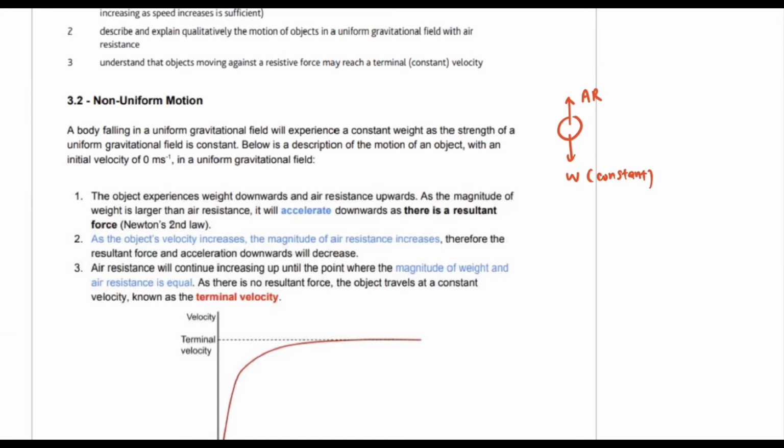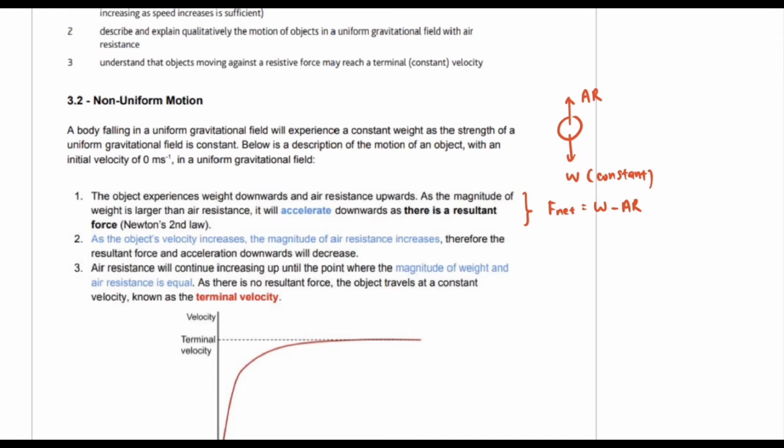Newton's second law. So they're trying to say something like this. The net force, or the resultant force, is W minus air resistance. At the beginning, of course, air resistance has a very small value.